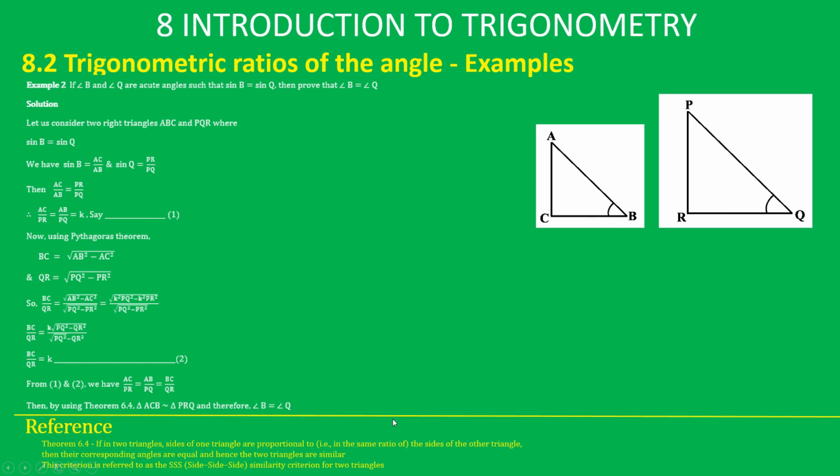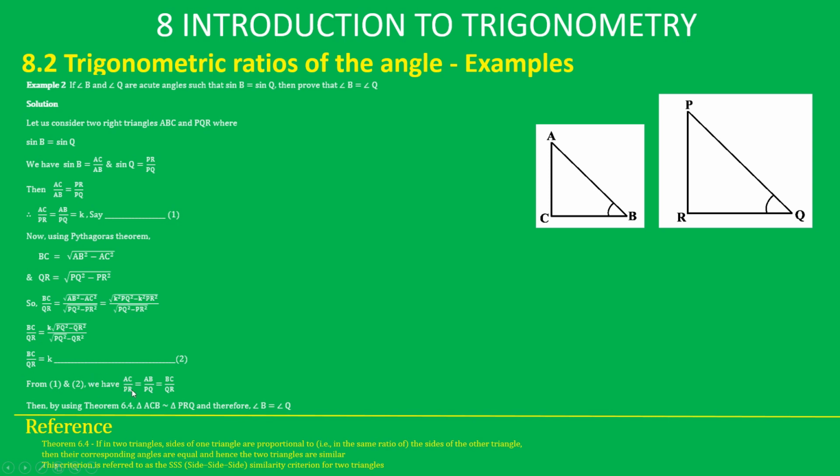What the theorem states? Please understand with this reference. If in two triangles, ACB and PRQ, sides of one triangle are proportional to the sides of the other triangle, then their corresponding angles are equal.